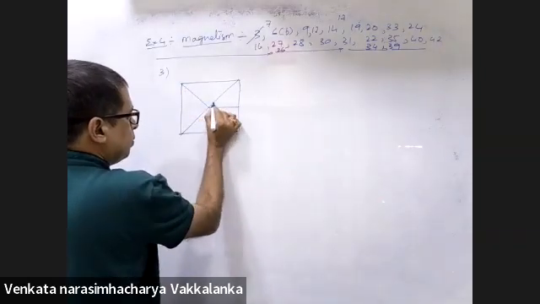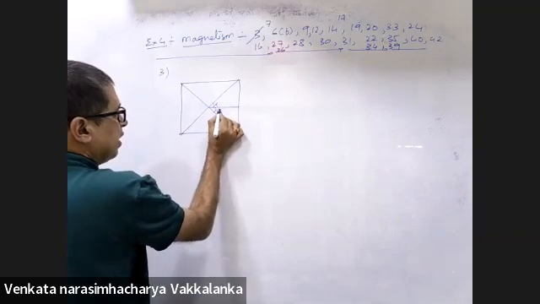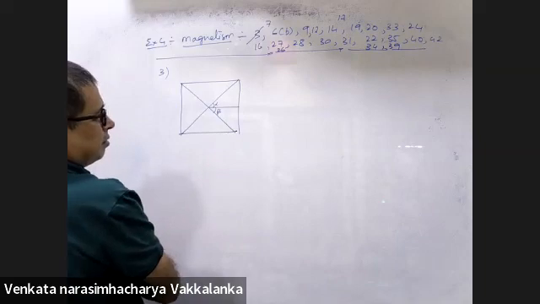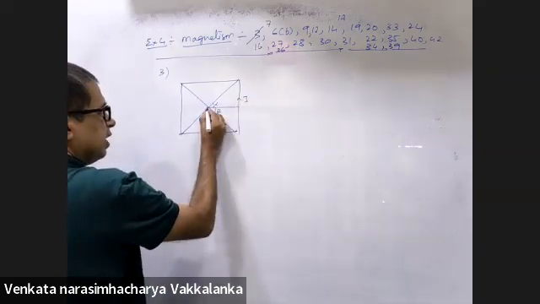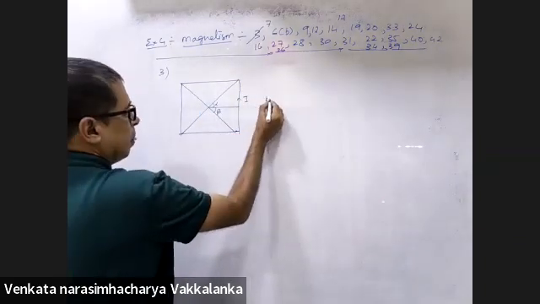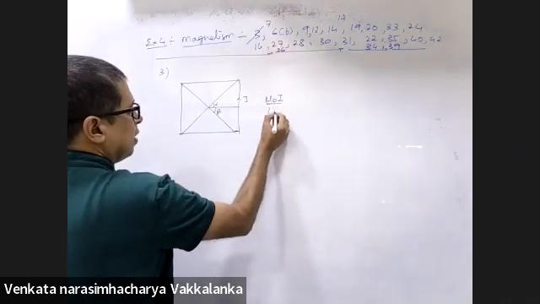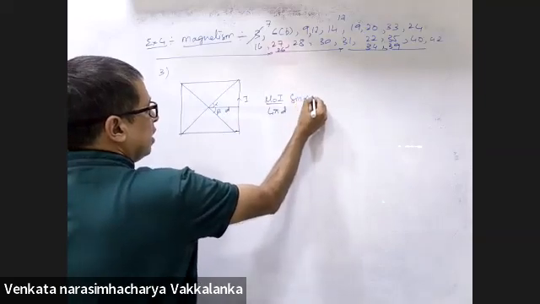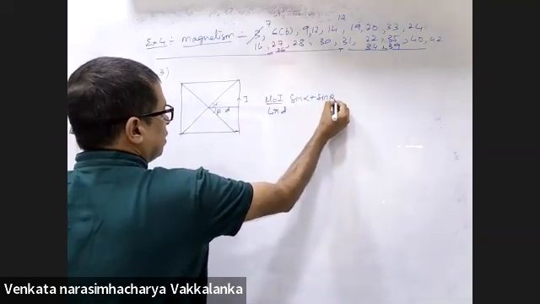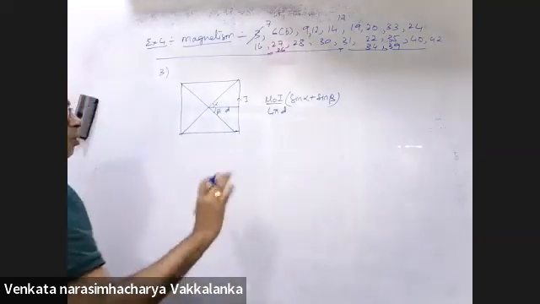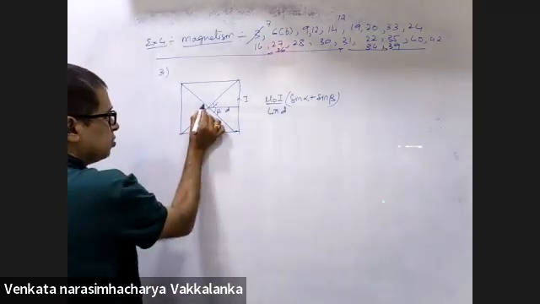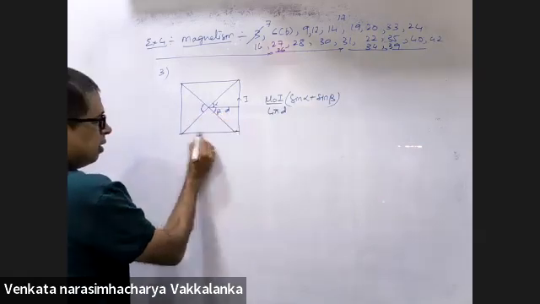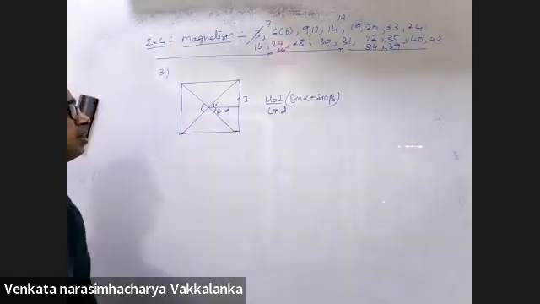If I drop this, can I get alpha and beta? Then will I get the magnetic field here? Mu naught I by 4 pi b, I'll take this distance as b, times sin alpha plus sin beta. How can this be a doubt? They gave you this complete angle. All you have to find out is alpha and beta. Half of this length is d.